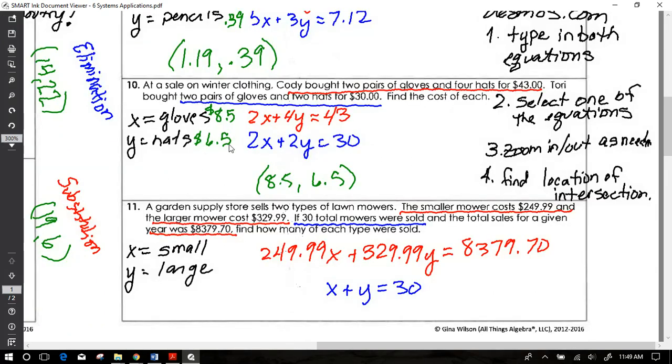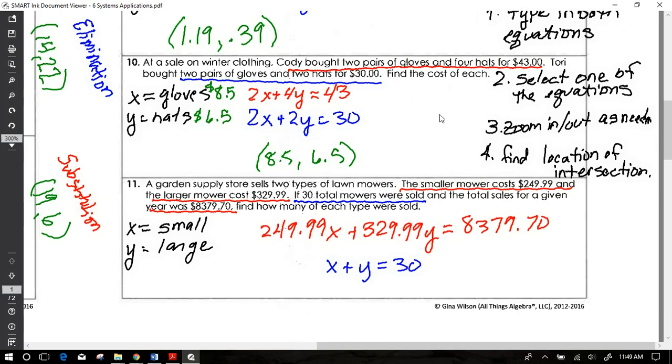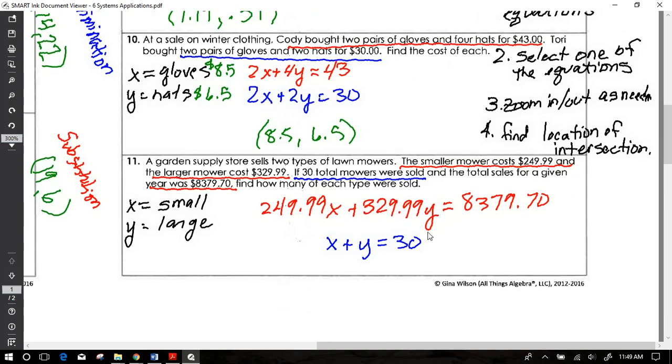I'm sure that you were able to do number 10 with no problem at all, but the translating part on number 11 was a little bit tricky, so I just wanted to talk about it. Notice that everything I have underlined in red deals with cost. The cost of the small lawnmower, the cost of the large lawnmower.